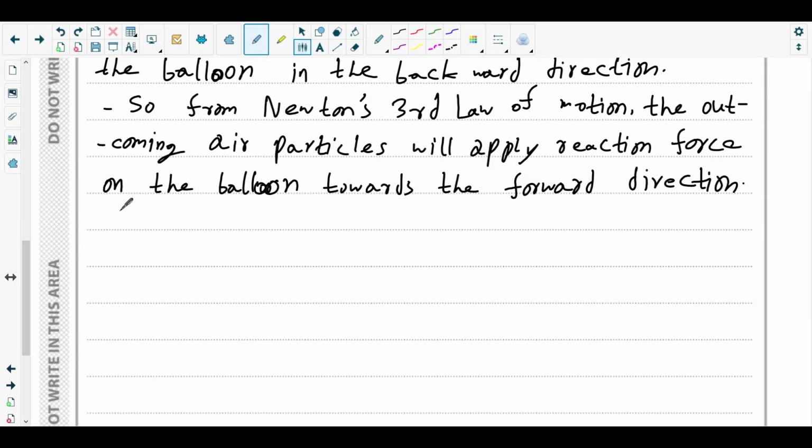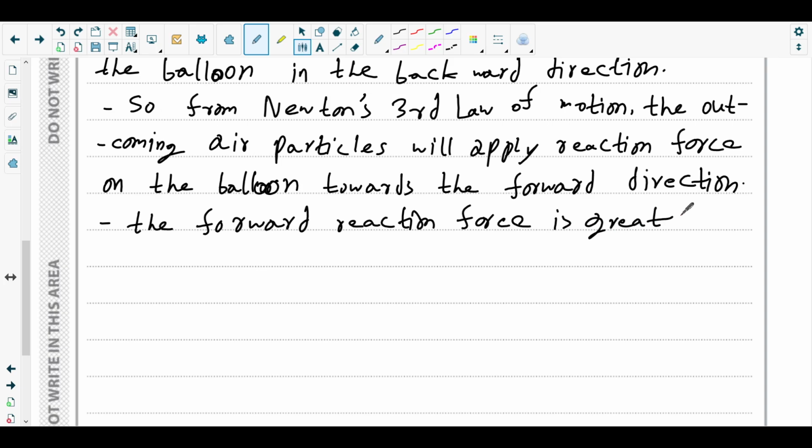So that's what we can write here. We can say that the forward reaction force is greater than the resistive forces acting on the balloon.